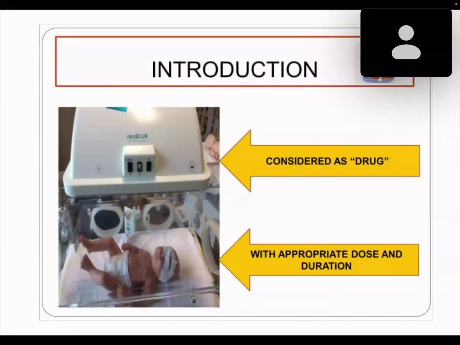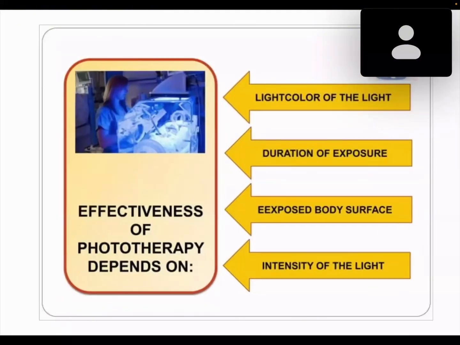So this is just a picture of how the phototherapy machine looks, and it's also considered as a drug for jaundice with the appropriate dose and duration. Also, to know the effectiveness of phototherapy on a child: usually the best light color is blue, then the duration of exposure, that's having an adequate exposure, not exposing for a while and bringing the baby out of the light, so the baby doesn't get to experience treatment.